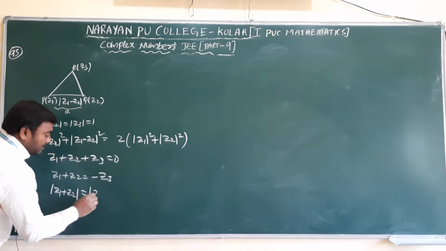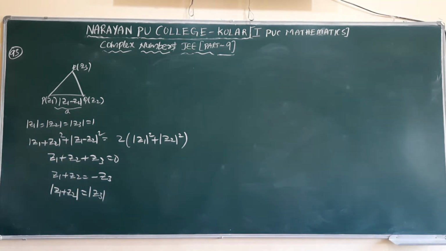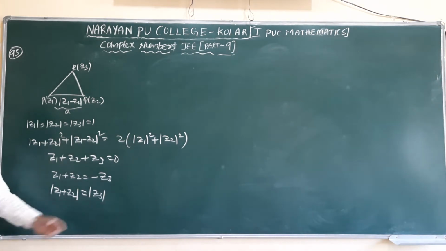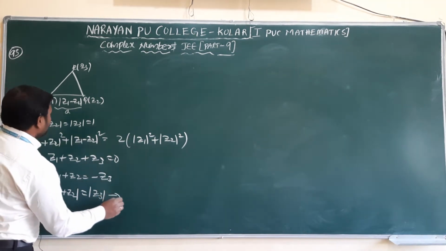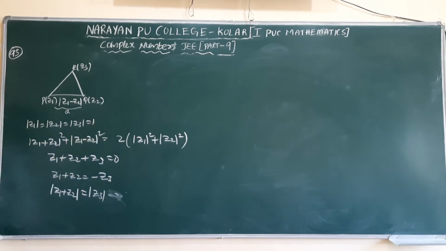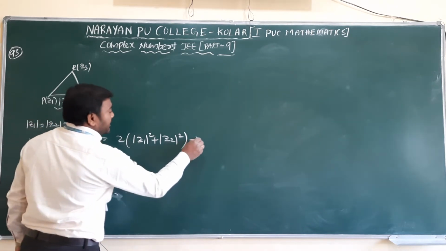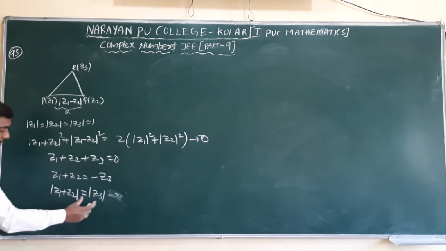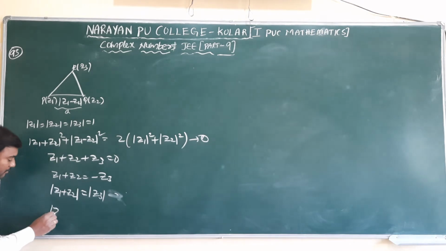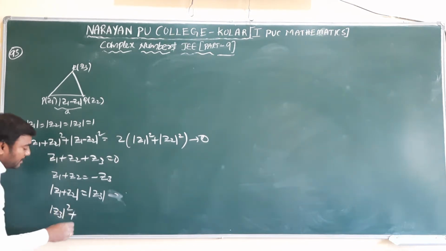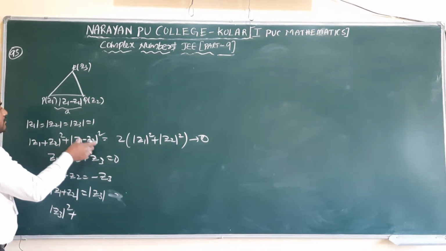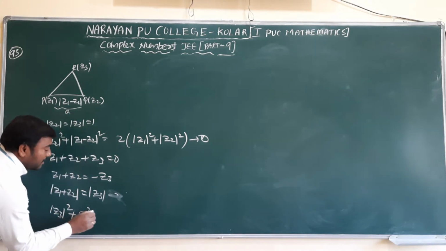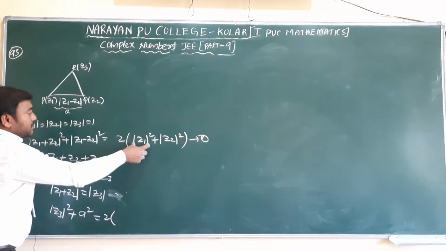We have taken this as equation number 1. Substitute this value in equation number 1. So what is the modulus of z1 plus z2? We have modulus of z3 whole square plus modulus of z1 minus z2, which we have taken as a. So a square is equal to 2 into modulus of z1 whole square.